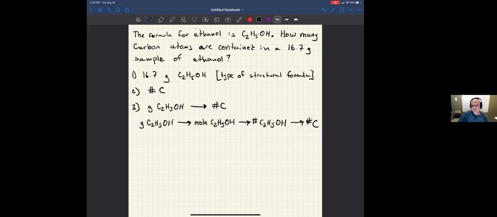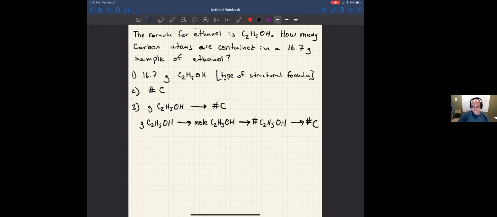And finally, I can look at the formula and say for every one ethanol molecule, I have two carbon atoms. So my last conversion is accomplished through the application of the molecular formula.